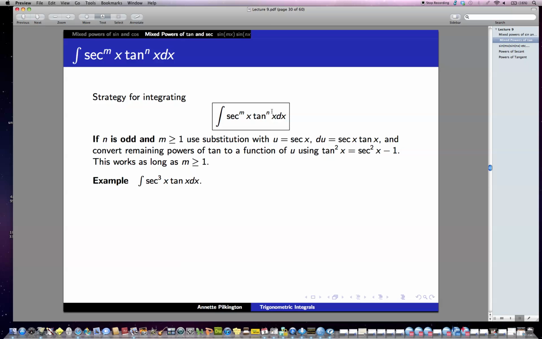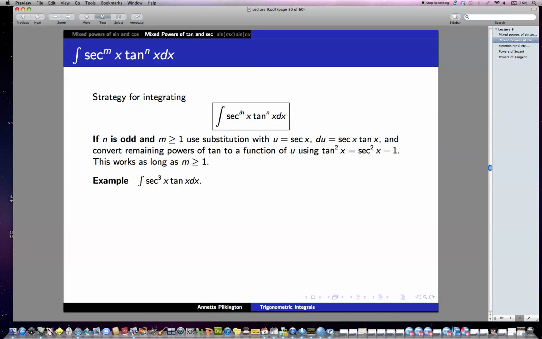If n is odd, that is, the power of tangent is odd, I can use the substitution u equals secant of x, and remember the derivative of secant is secant times tangent. So I can use one of the tangents for this derivative, and now I also need at least one secant for this to work.